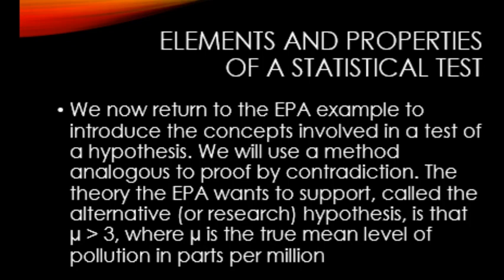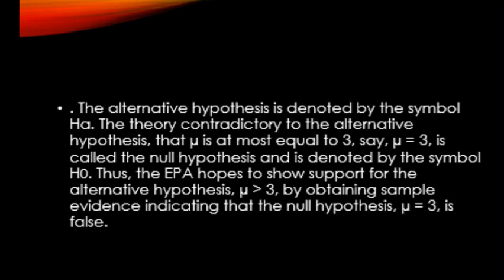Basically, the value that we are trying to prove, mu greater than 3, we will call the alternative or the research hypothesis. Here is how it works. The alternative hypothesis will be denoted by HA, and the contradictory theory would be that mu is equal to 3, which is our null hypothesis, and it is denoted by the symbol H0.